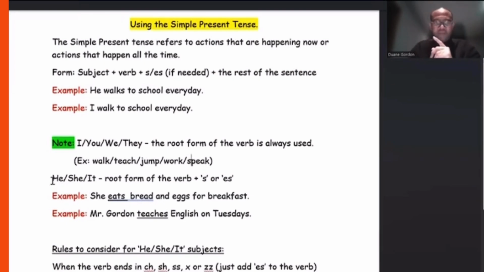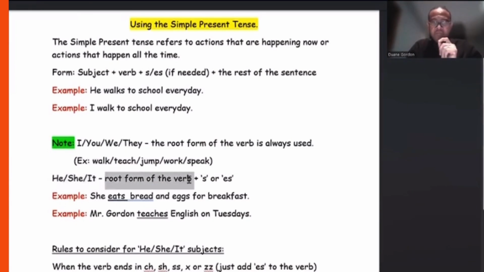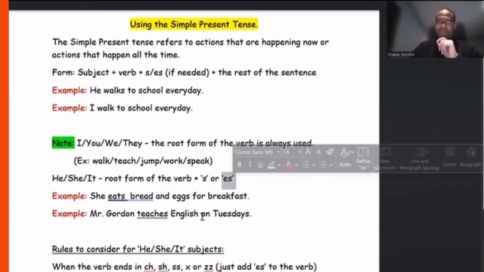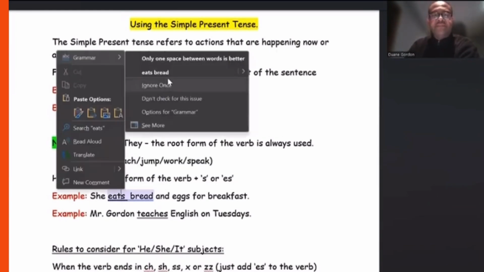However, for subject pronouns he, she, it, it's different. Okay? It's the root form of the verb plus either s or es added to the root form of the verb. For example, look at my examples here. She eats bread.